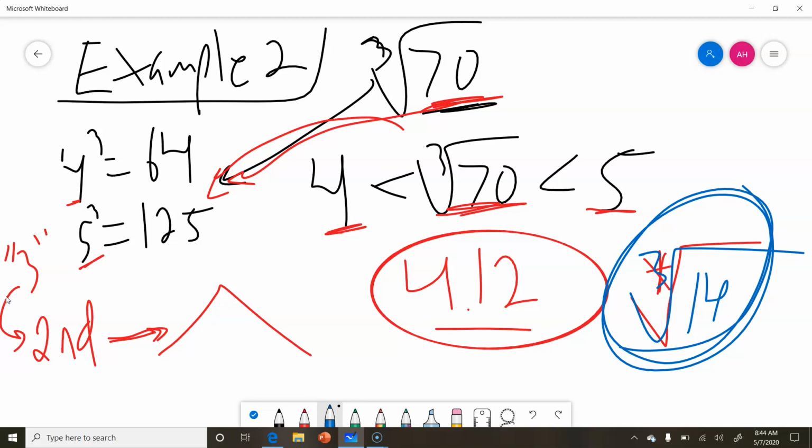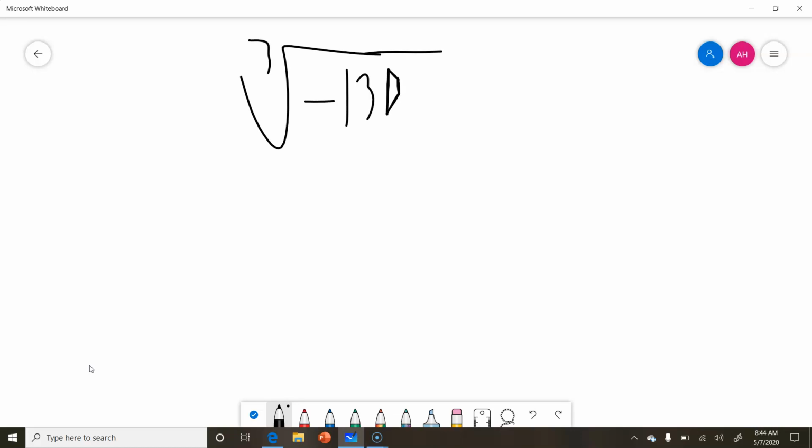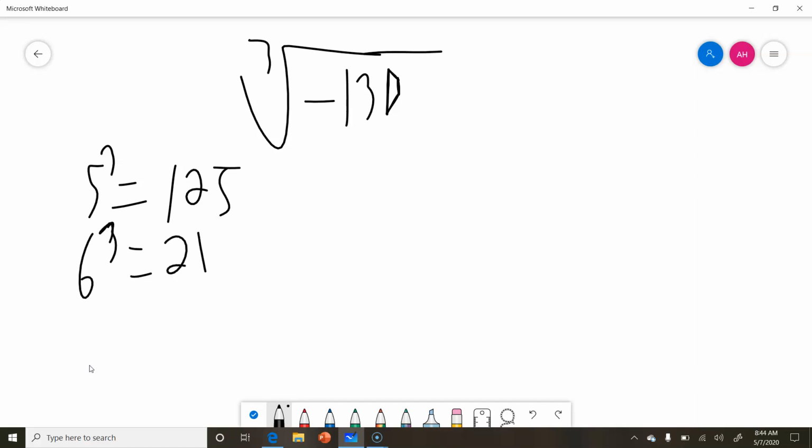What happens when it's negative? So when it's a negative number, let's try this one right here, the cubed root of negative 130. Well, that's cool. Remember, 5 cubed was 125, and 6 cubed was 216.